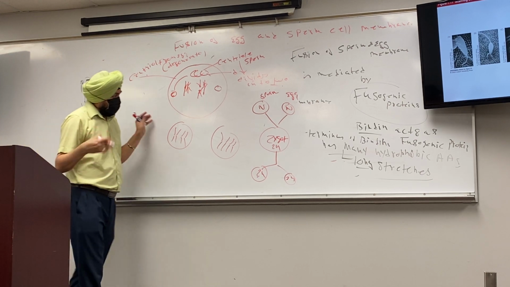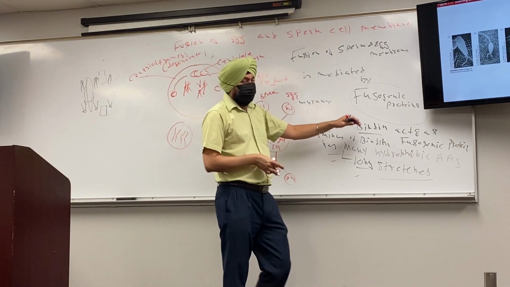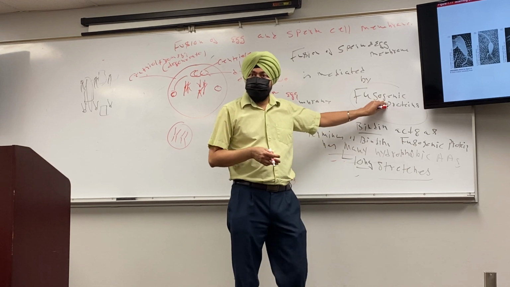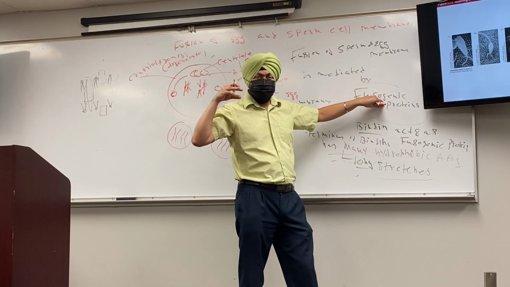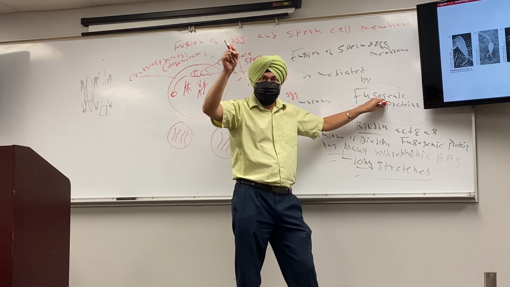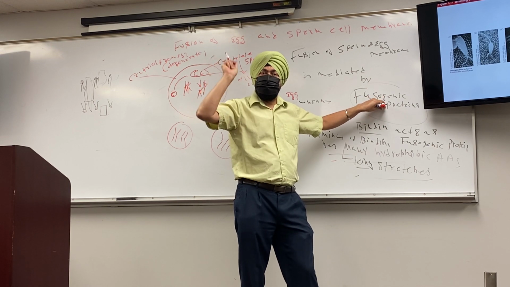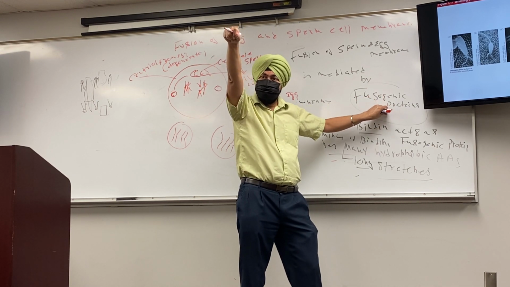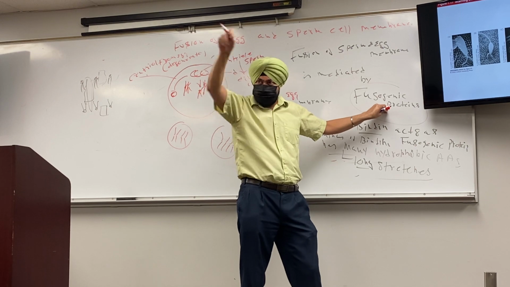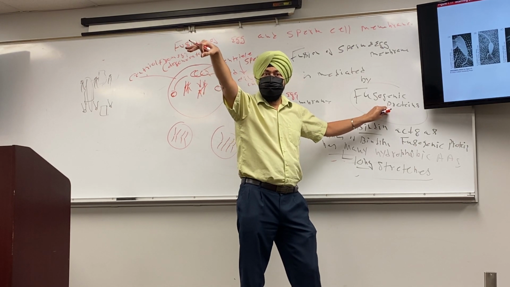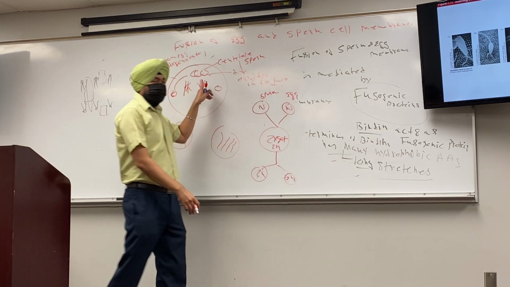So far we are very happily talking about fusogenic proteins. We are saying they are helping the sperm to fuse. Millions of sperm are being produced. Millions of sperm will be attracted, right? A million sperm will fuse.